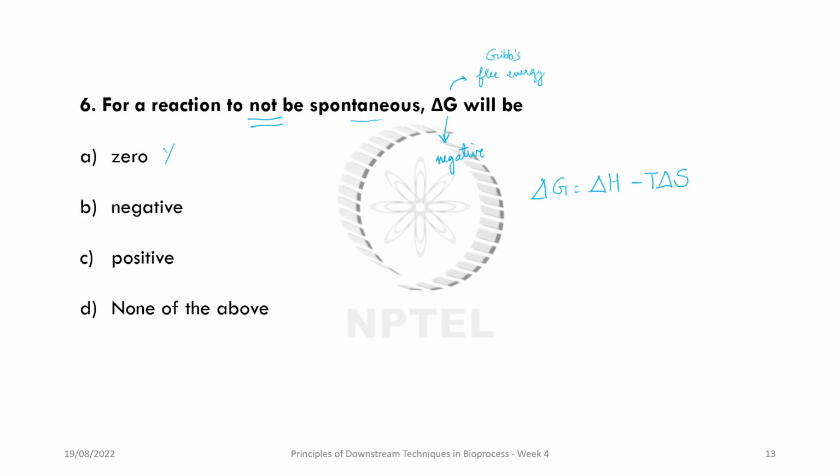So 0 is wrong, negative is not to be spontaneous. So if it is negative, the reaction will be spontaneous. If it is positive, it cannot be spontaneous, right? None of the above, obviously, we are going to omit, skip, or reject. So the answer is option C. Agree?